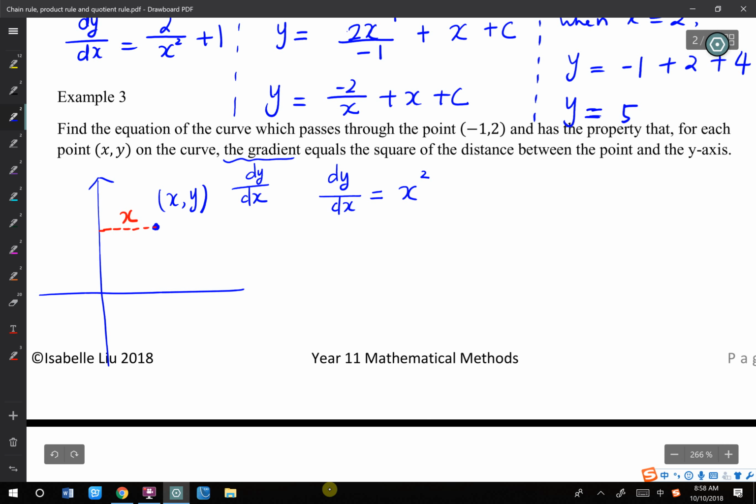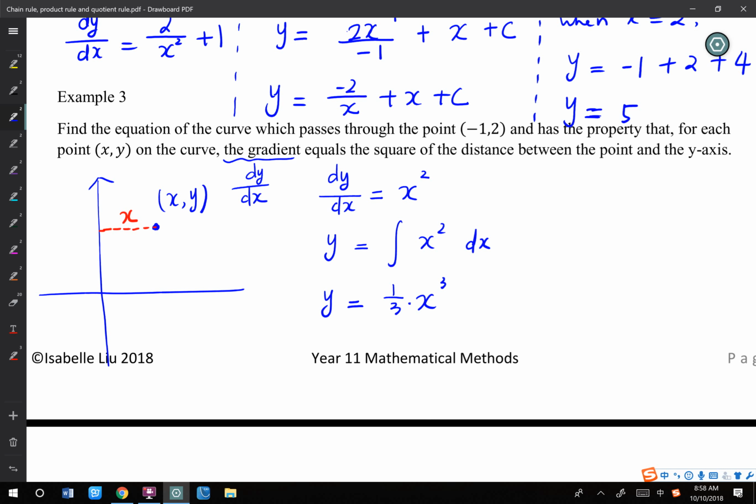Then after I set that up, it's very easy to find the equation of y. y just equals the antidiff of x squared. So what I have is y equals a third times x to the power of 3. We increase the power by 1, becomes 3, and then we divide by 3. And you have the plus c.